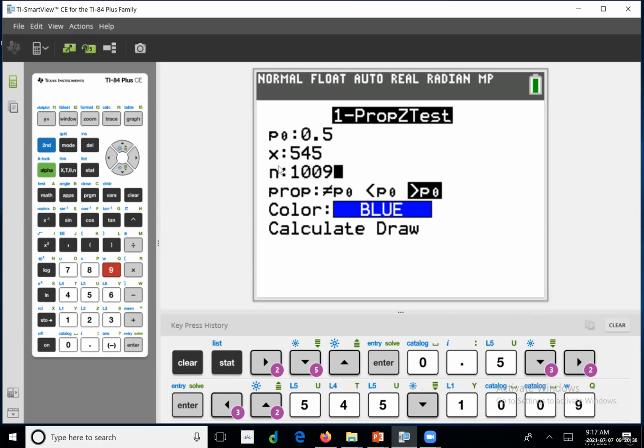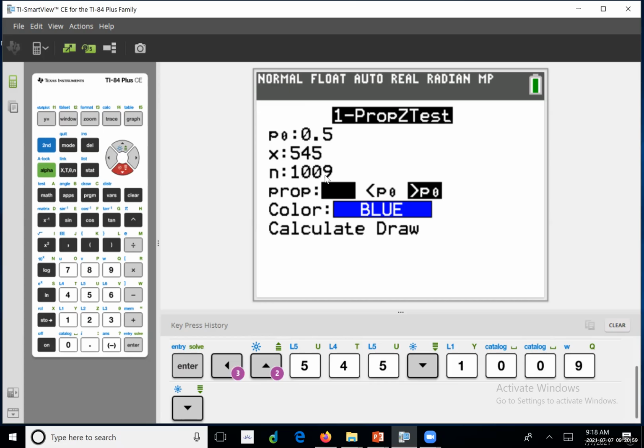I want to show you the p-value right here, but our claim was majority, more than 50%. If you see, I highlighted more than, and I put 50% there, 0.5. X is the part, 545, and n is 1009. So you go calculate.